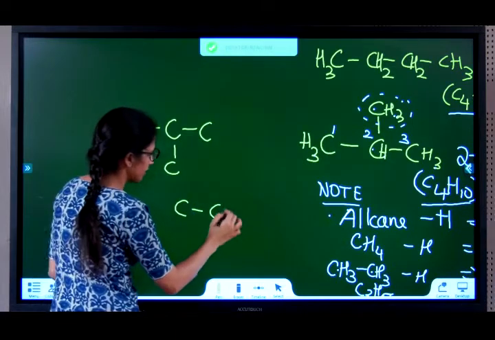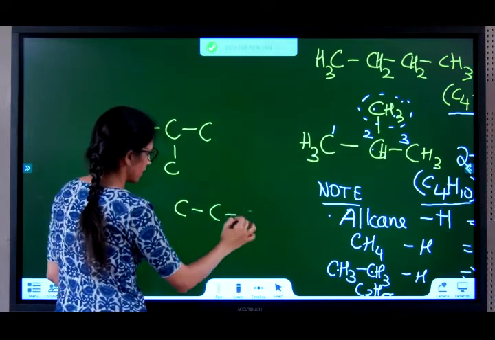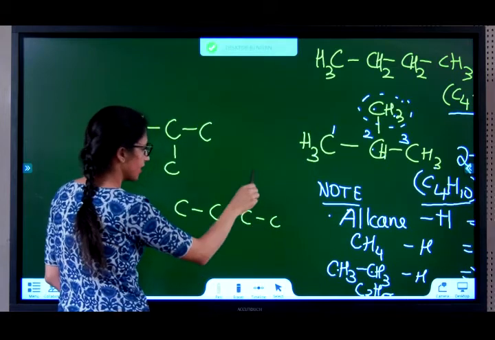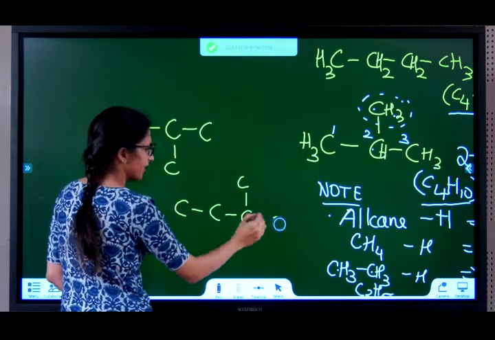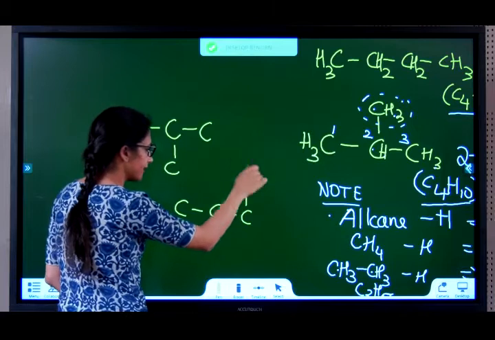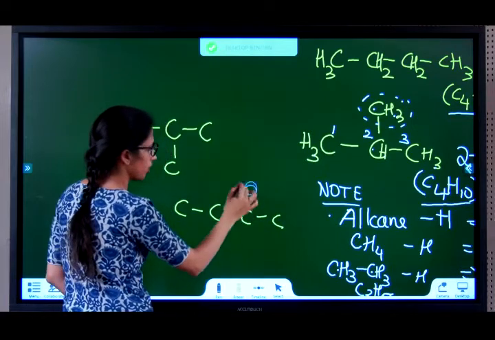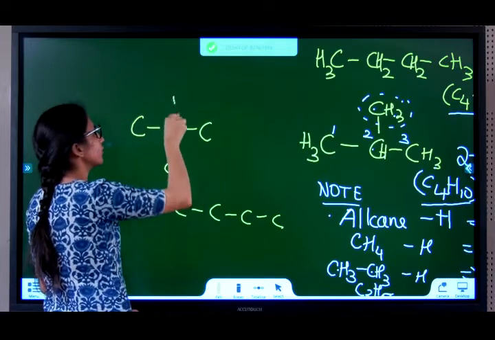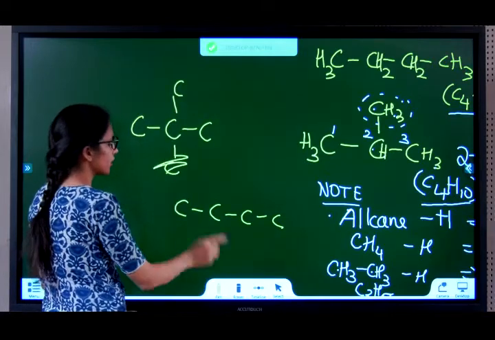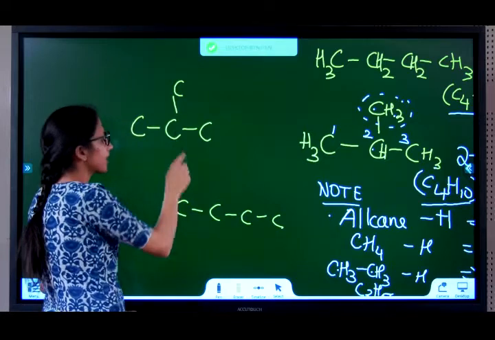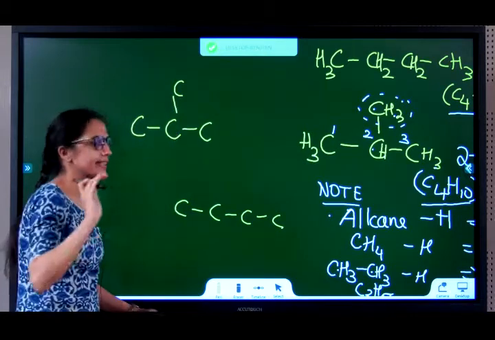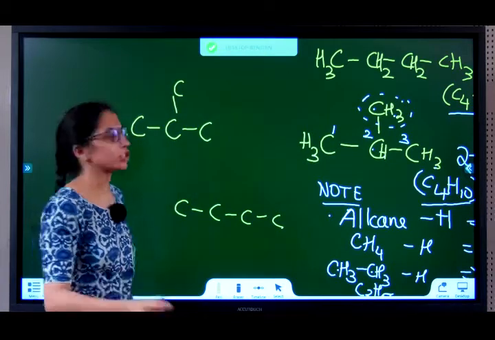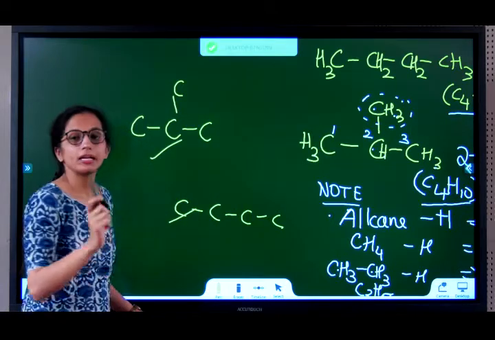I can turn it back and get the original compound around the same carbon, without changing the position. So it is the same.